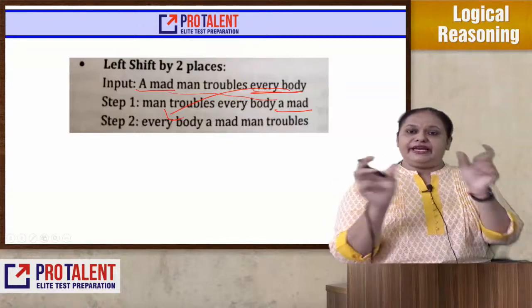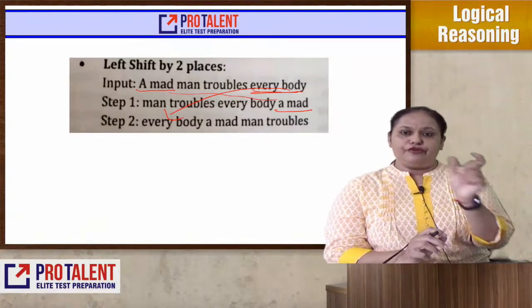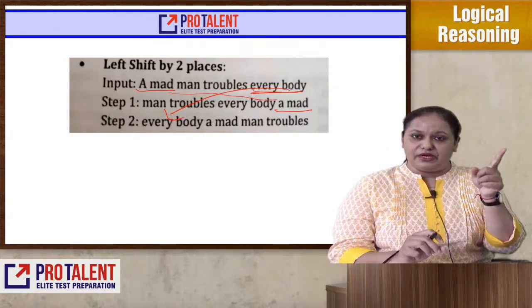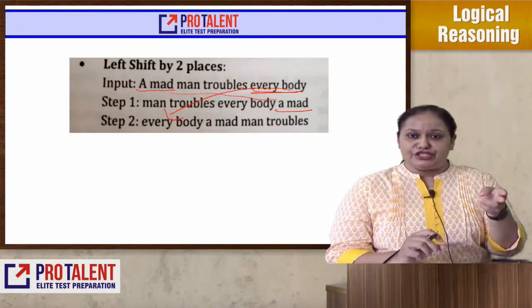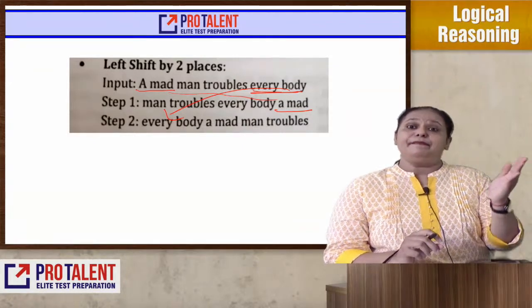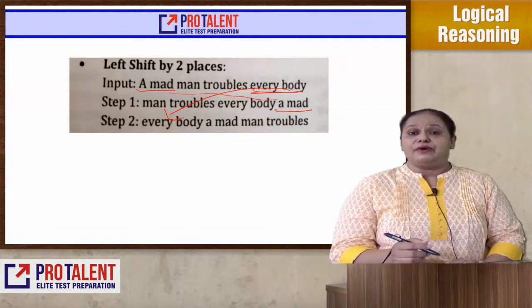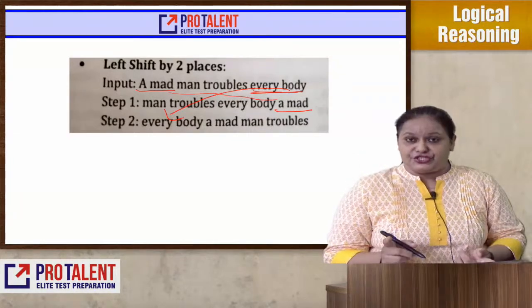So there can be an interchange of the positions, 2 from left to right and right to left. There could be a combination of one word or a combination of 2 words. It can be merely a shift or, as you can see, even an interchange of the position.